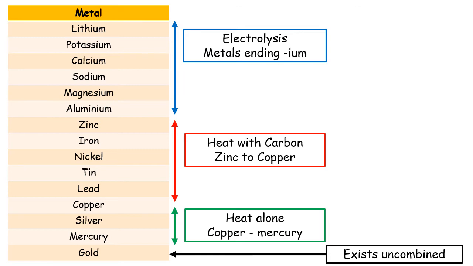And then, quite nicely, at the top, all of the metals end in the letters I, U, M. In order to extract those metals, you need to use electrolysis. What this means is that you melt the rocks, so you do have to heat them up.